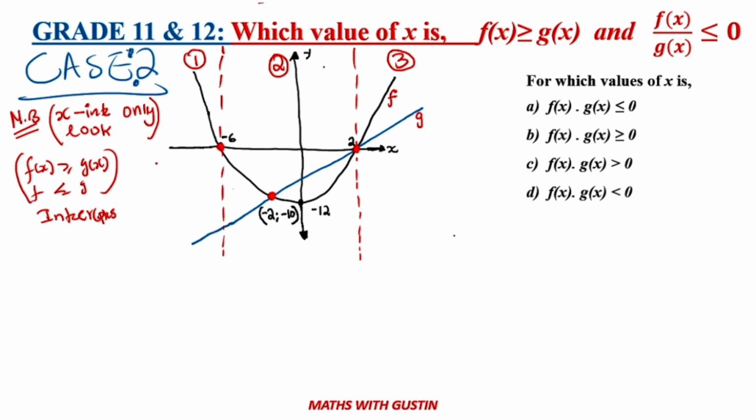Let's look at question A. It is saying f of x times g of x should be less or equal to 0. So what are you looking at here? You are looking at the values of f, which when you multiply them with the values of g must give you less than 0.